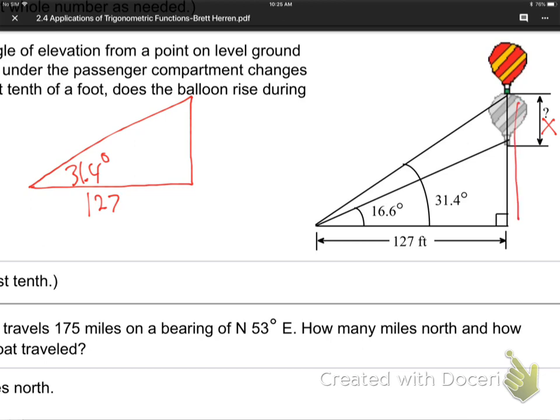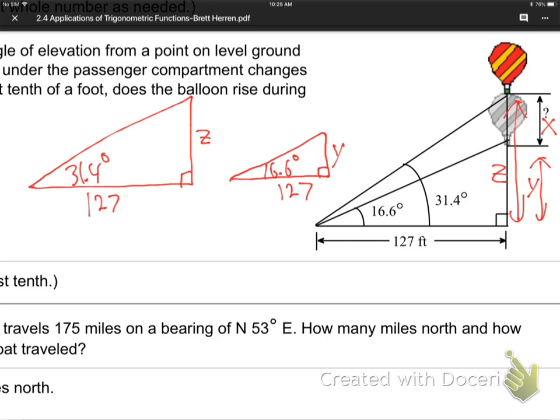So call the whole thing Z, or whatever, and then call just this part Y. Then we're just going to find Z, find Y, subtract them, and you get X. Call this Z, so the whole triangle, that's Z. Then the little triangle, 16.6, this is Y and still 127. Everybody see that? You can find Z from the whole triangle and Y from the little one.